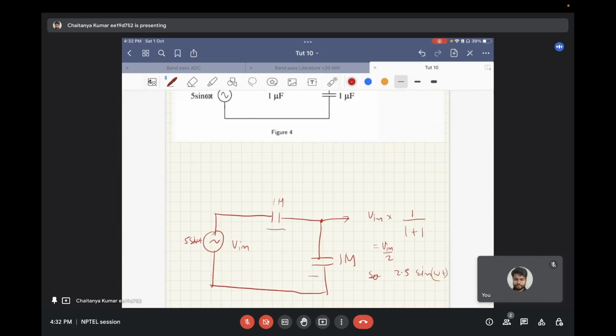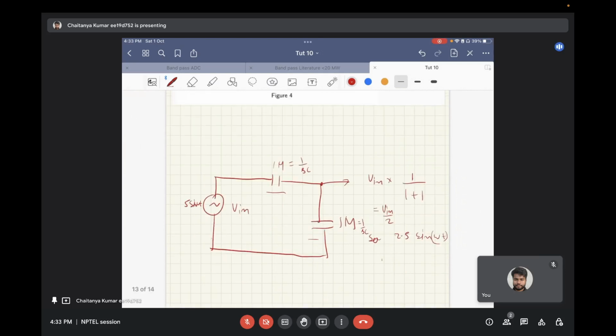If you replace the capacitors by 1 by SC1 and 1 by SC2, the transfer function is 1 by SC2 divided by 1 by SC1 plus 1 by SC2. So this boils down to C1 upon C1 plus C2.